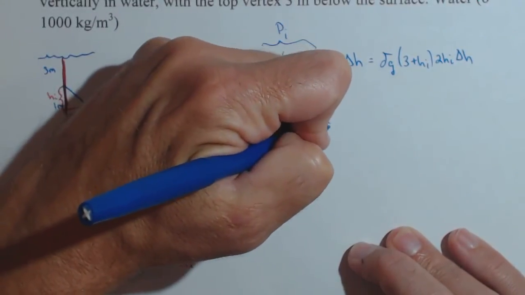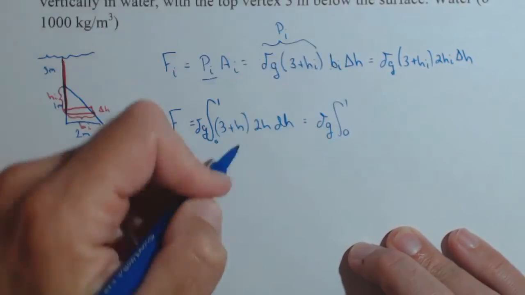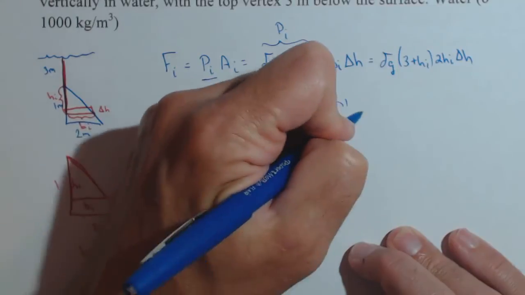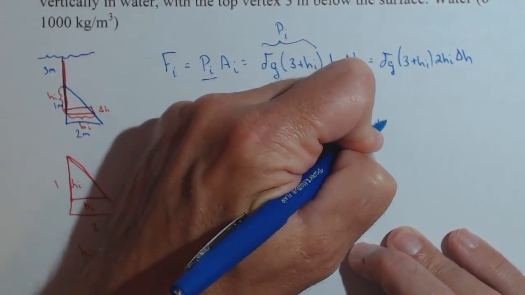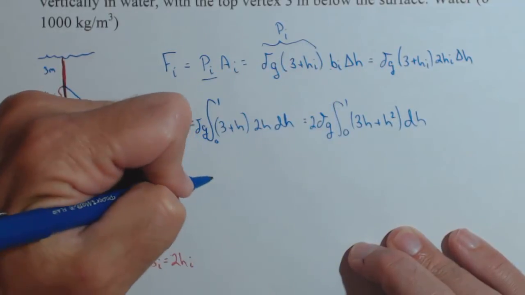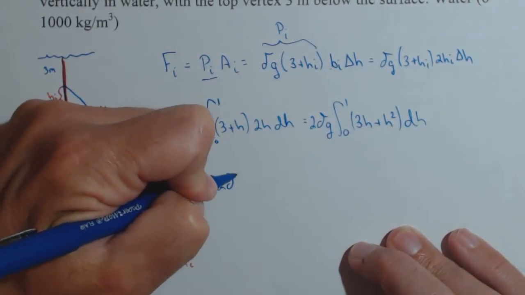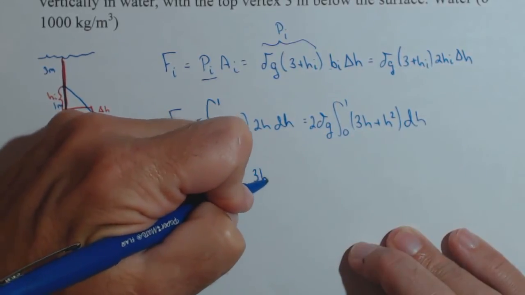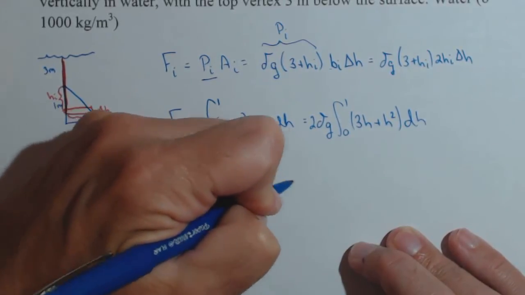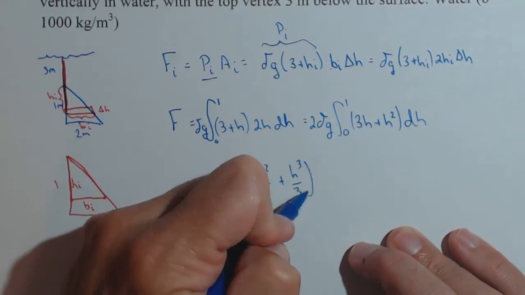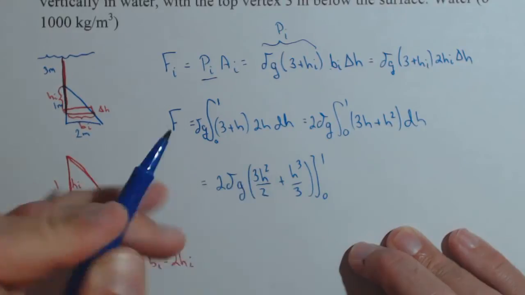So we have delta g, integral from 0 to 1. Let's go ahead and multiply. Let's even pull out the 2. We'll multiply that in later. 3h plus h squared dh. So 2 delta g, we're going to have 3h squared over 2 plus h cubed over 3 from 0 to 1.